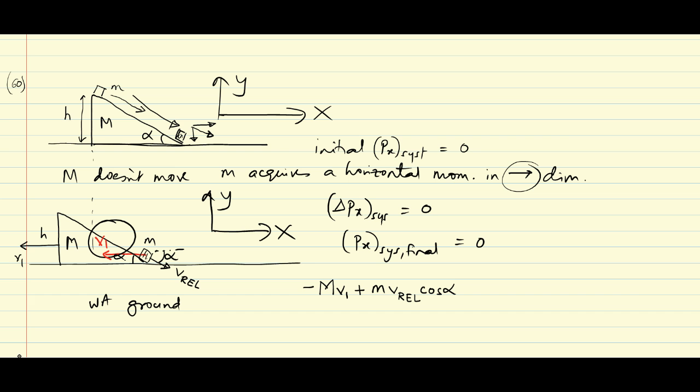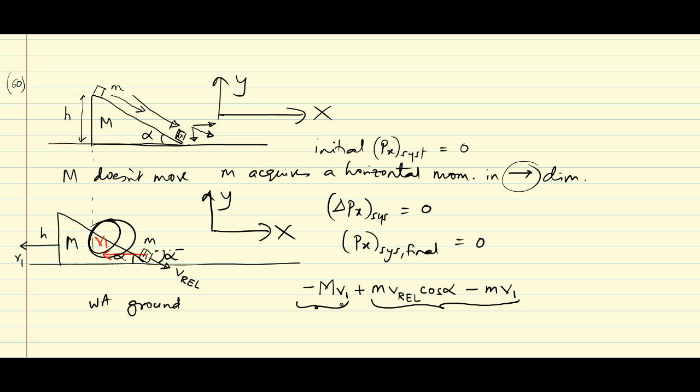Now let's look at the other momentum component because of v1. It's leftward, so it's directly minus m times v1. So this is the total momentum of small m with respect to the ground along the positive x-axis.